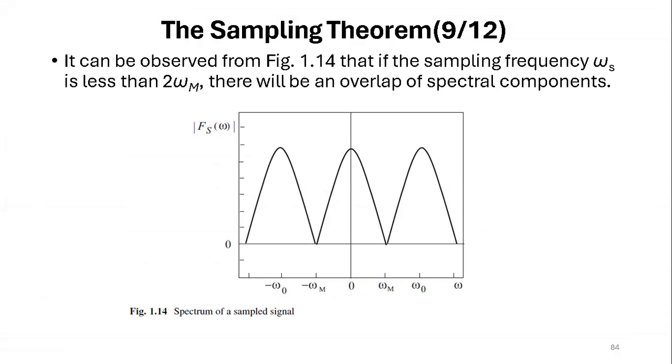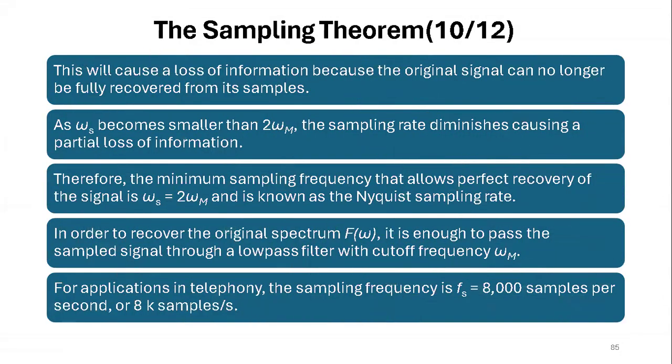There will be another spectral component overlapping, and this will cause a loss of information, because the original signal can no longer be fully recovered from its samples.